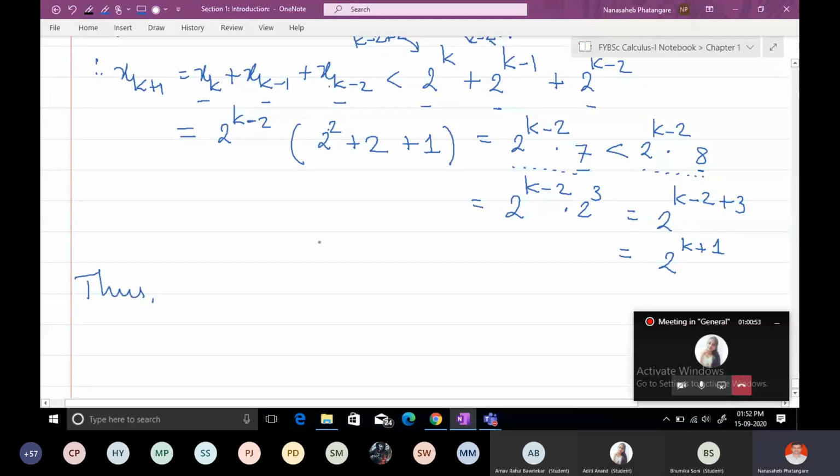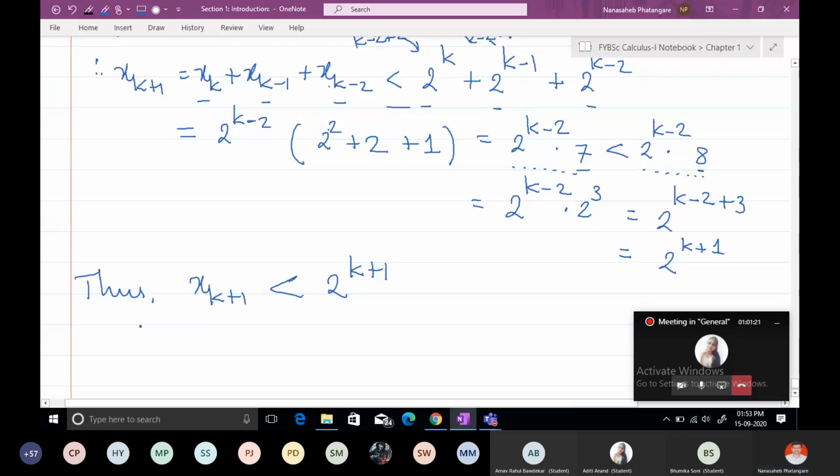Now look at the entire expression. I started with x_(k+1), and I found that it is less than 2 raised to k plus 2 raised to k minus 1 plus 2 raised to k minus 2. Further, that amount is less than 2 raised to k minus 2 into 8, which is 2 raised to k plus 1, right? So ultimately I reach 2 raised to k plus 1, and in between I got strict inequality, and therefore x_(k+1) is less than 2 raised to k plus 1.